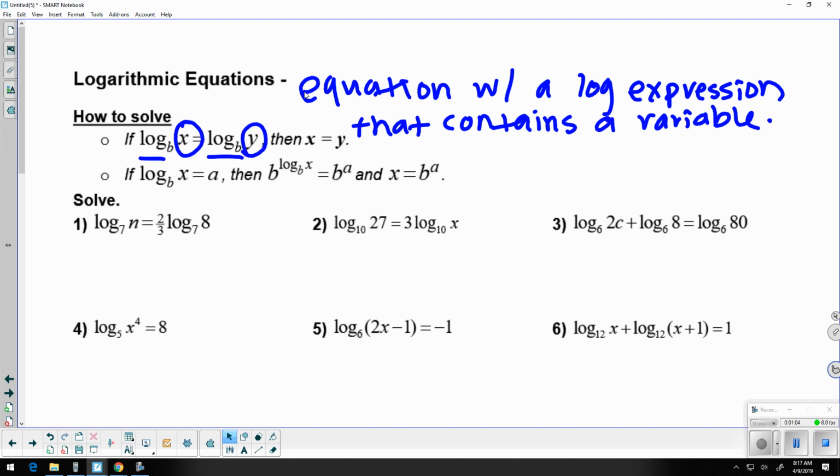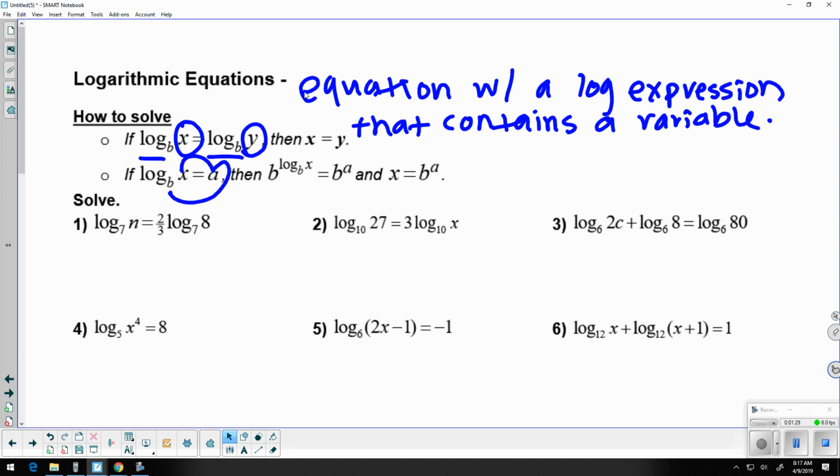But if you only have one log in the equation, the way it's explained on the right-hand side is a little different than the way I explain it, you're basically going to represent the log as an exponential. You just do that little swooping motion that I've shown you before. It's simply the base of the log, raised to this exponent, and it equals whatever x may be.